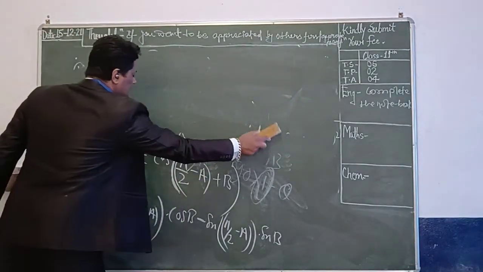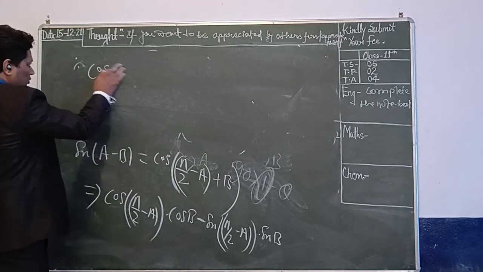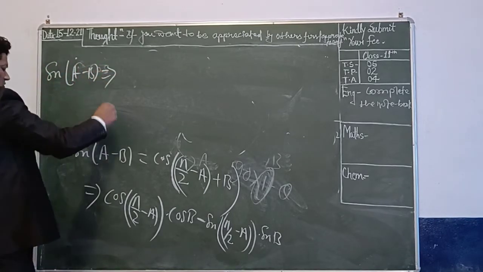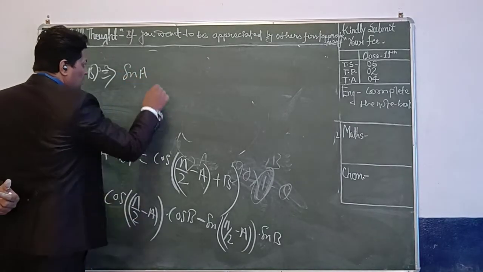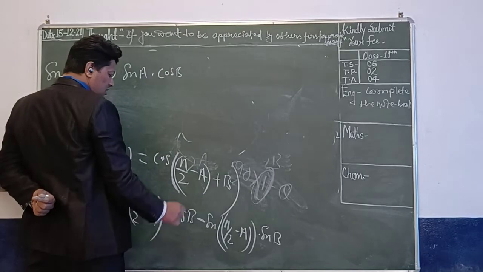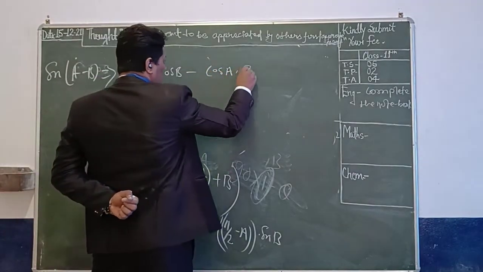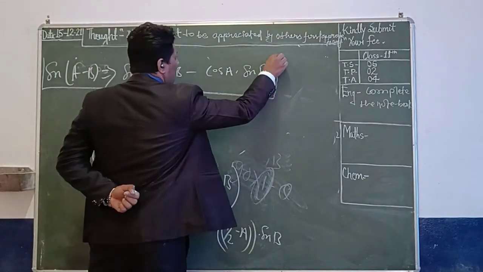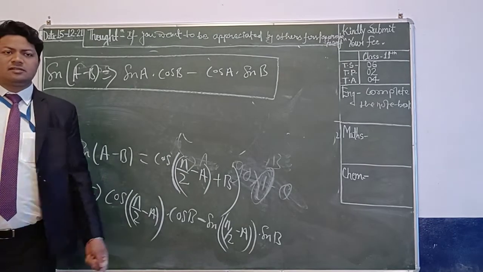You get sin A minus B is equal to cos 90 minus theta, which is sin A into cos B minus cos A into sin B.